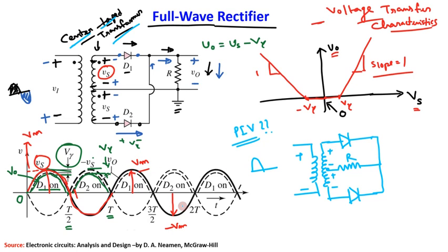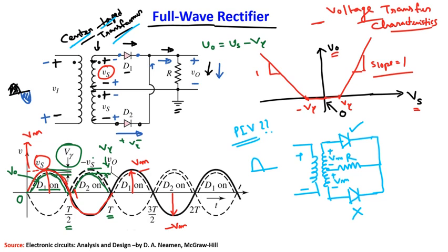So let us consider Vm only. So here the maximum is Vm, and at that time the polarity will be like this. Now here this diode D1 is on and can conduct, this diode D2 is off, right?